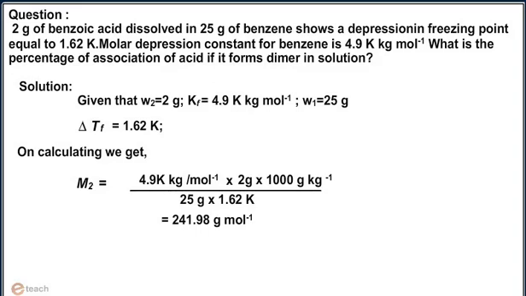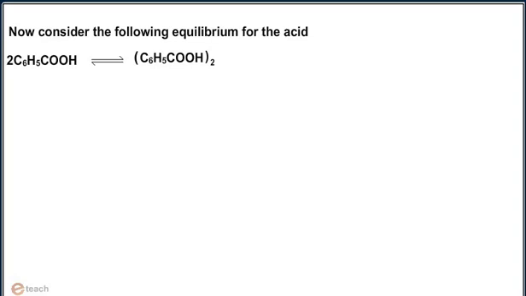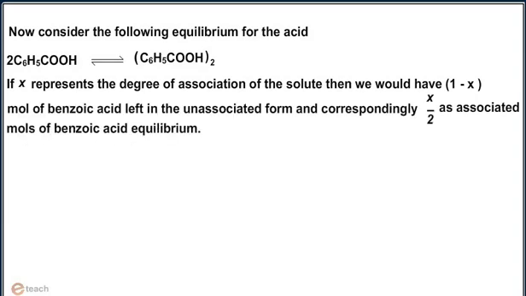Thus, total number of moles of particles at equilibrium equals the Van 't Hoff factor, i, equals normal molar mass by abnormal molar mass equals 122 upon 241.98, or x by 2 equals 1 minus 122 by 241.98 equals 1 minus 0.504 equals 0.496, or x equals 2 into 0.496 equals 0.992.